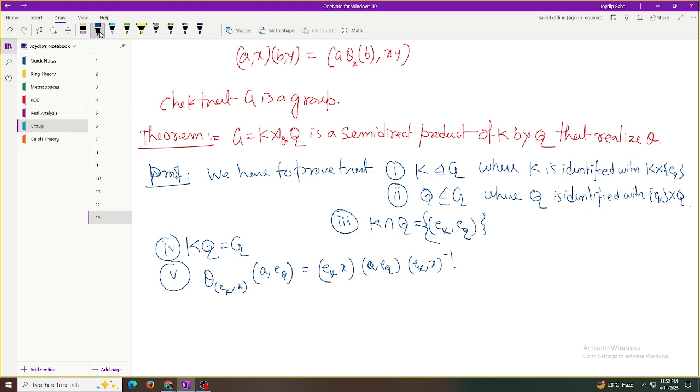The converse part of this theorem, the proof is homework, next day I will discuss it.